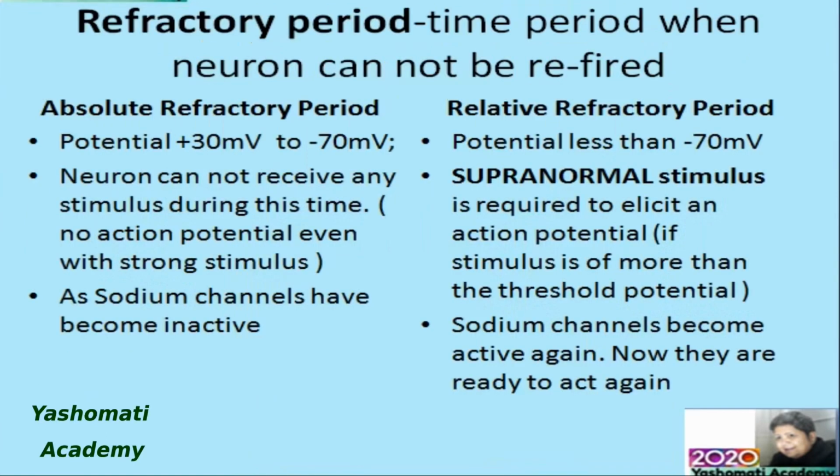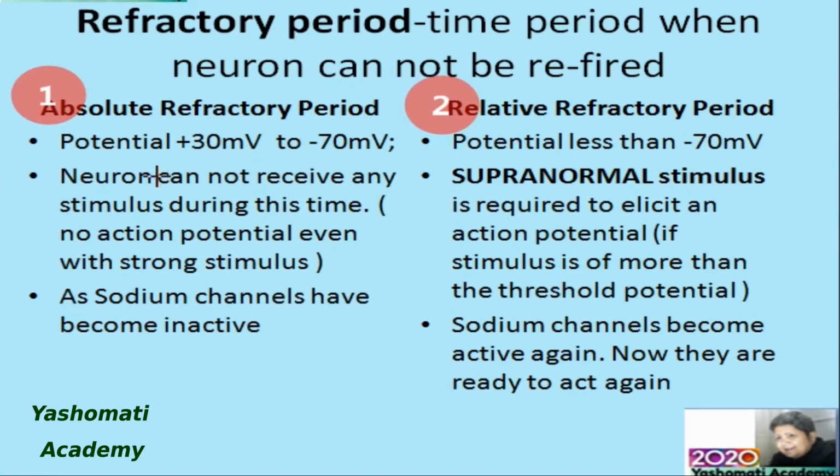Let us try to revise what the refractory period is, the time period when the neuron cannot be refired. Refractory period is of two types: absolute refractory period and relative refractory period. Absolute refractory period is that during which the potential difference lies between plus 30 millivolt and minus 70 millivolt.